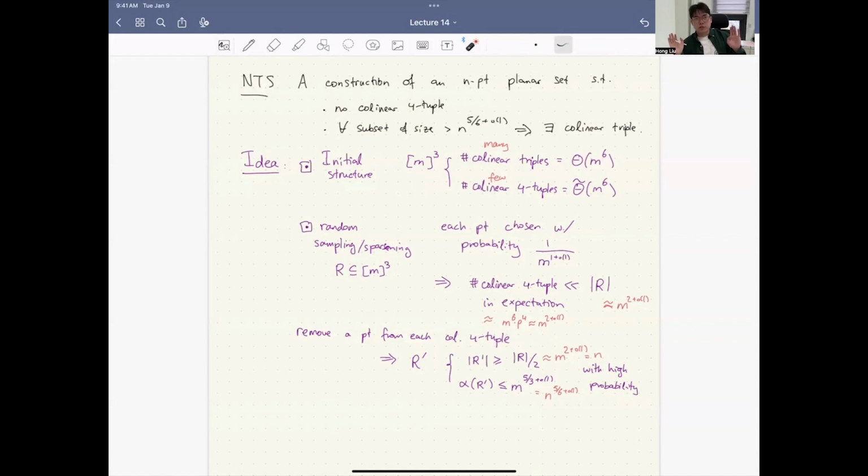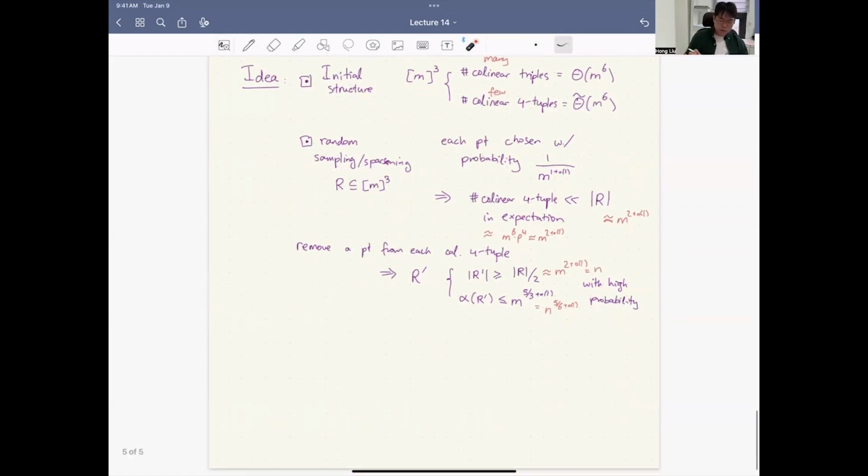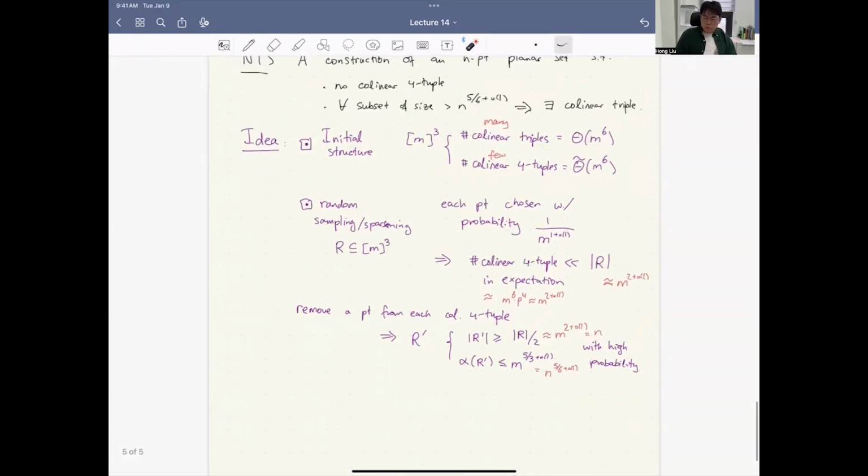Also, Boris's book's construction, the random algebraic construction, can be viewed somehow along this line. Right, so these are some comments. Just for technicality, we are actually working in 3-dimensional space.